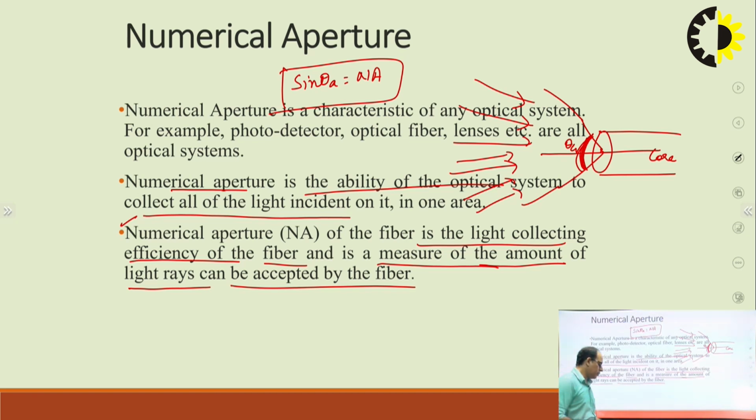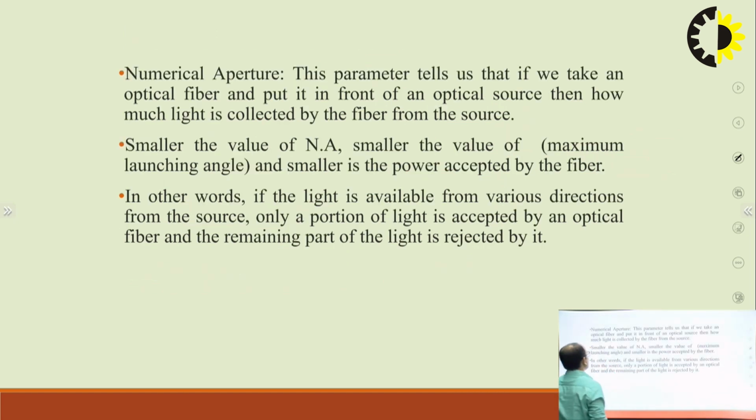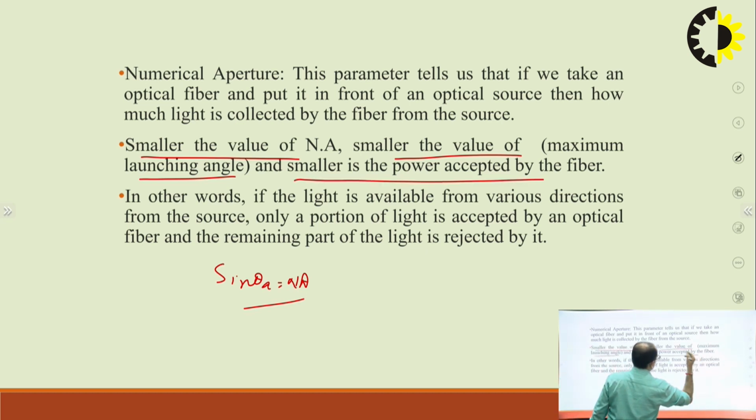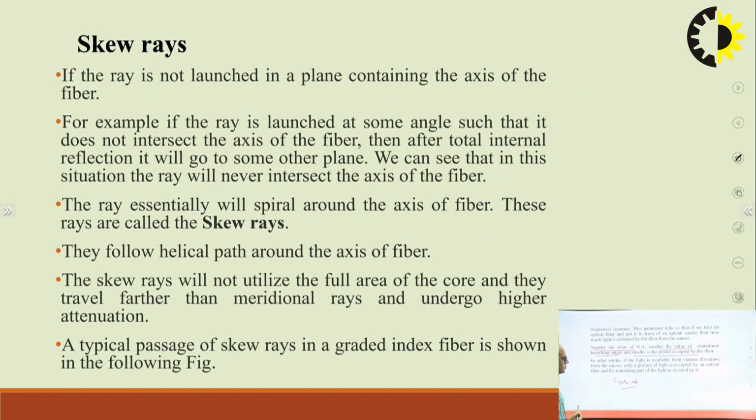So numerical aperture is the ability of the optical fiber to collect most of the light entering into it and perform the TIR, and therefore it depends on the acceptance angle. Now as we know that sin theta a is equal to numerical aperture, you can see that the smaller the value of NA, the smaller will be the value of the acceptance angle, and the smaller is the power accepted by the fiber.